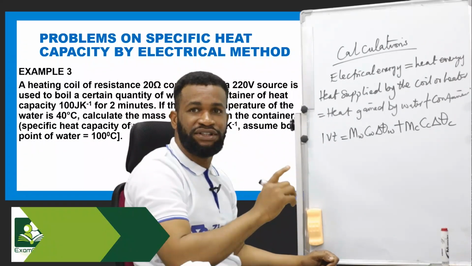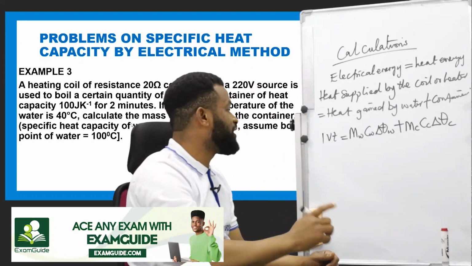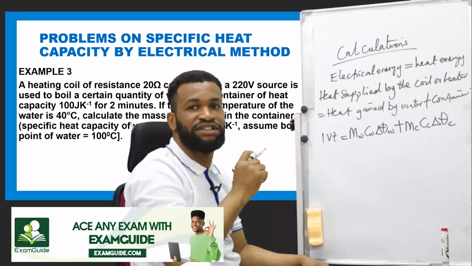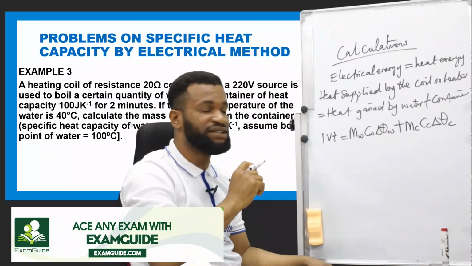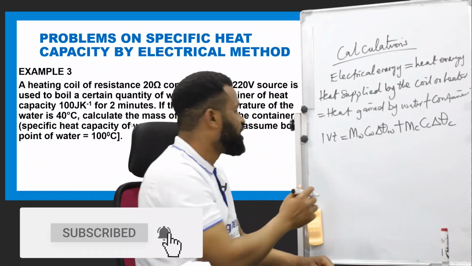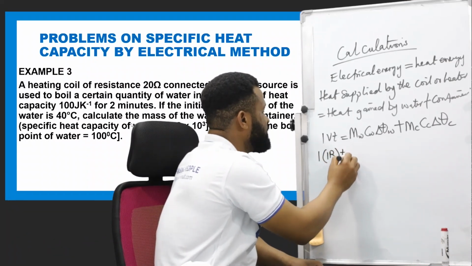Now we are given resistance and volts and then time. What else are we going to do? Because the time is given in minutes, I'm going to say that since there is no current, I'm going to say I bracket IR multiplied by T.